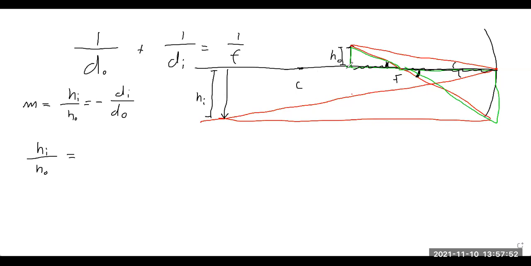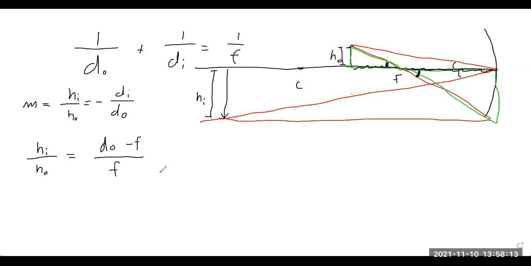One of them is the distance to the focus from the object. And the other one is the distance from the focus to the mirror, or just the focal length.